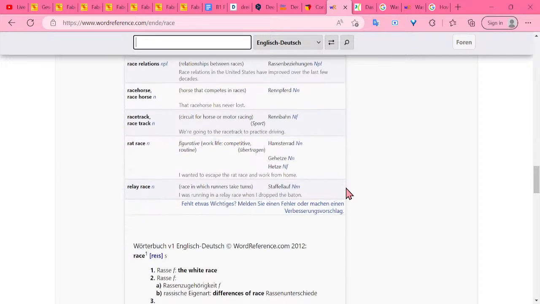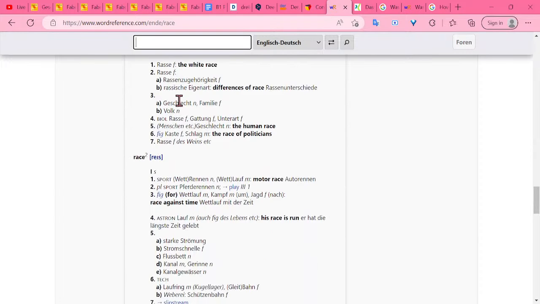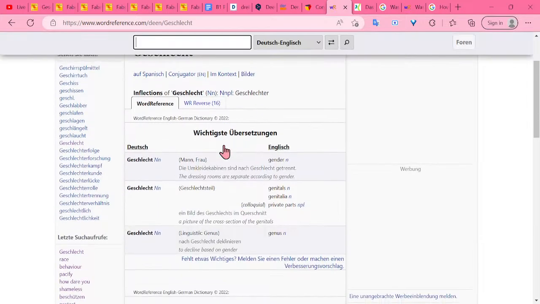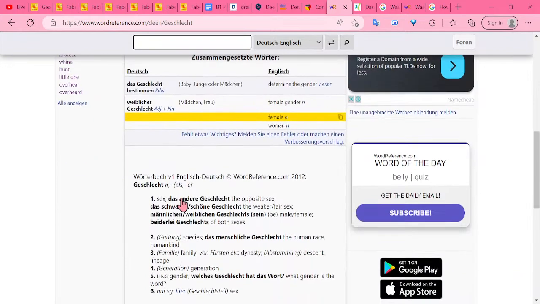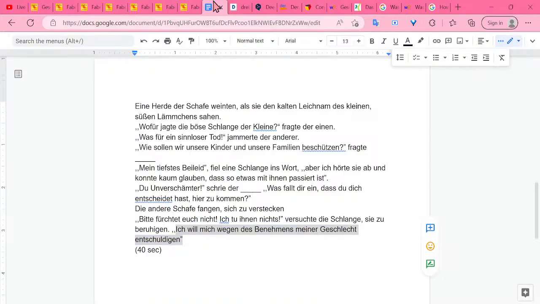They wouldn't say race, they would probably say species or something like that. Yeah, Geschlecht, Familie. Okay, well, I'm gonna keep that. Meines Geschlechts entschuldigen.